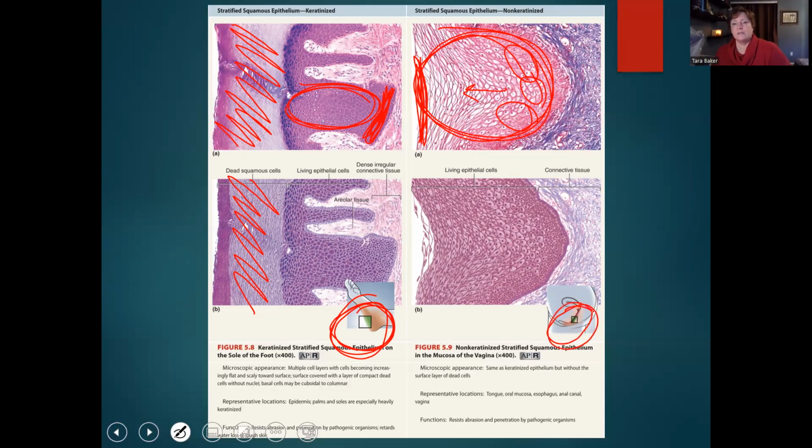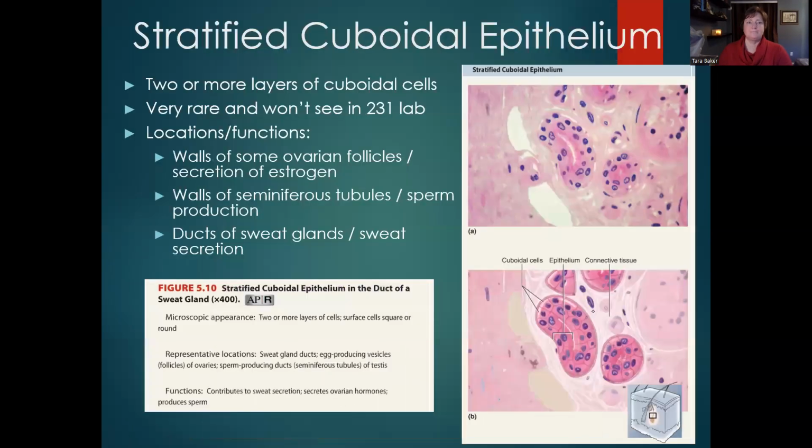Here is the lining of the vagina, and that's going to be a location where we have stratified squamous cells. Stratified cuboidal cells are going to be pretty rare. We're not going to see them in 231. We're going to see those in ovarian follicles or fallopian tubes, or ovarian follicles are going to be inside of the ovary.